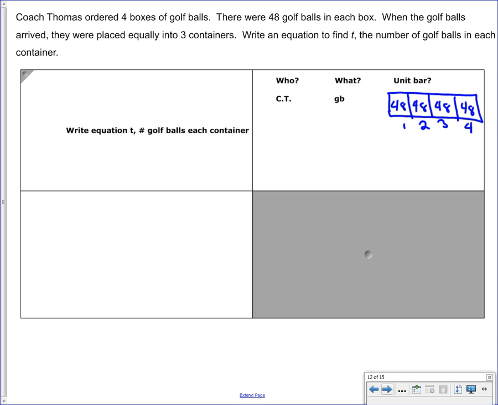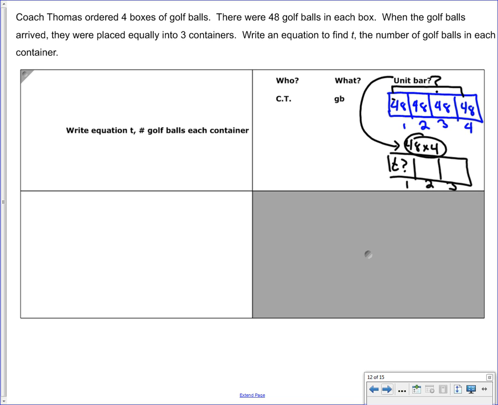Then they put the golf balls equally into 3 containers. There's our 3 containers. We're going to take all of these golf balls, which is 48 times 4 worth, and then we're going to divide them into these 3 containers to figure out our total.